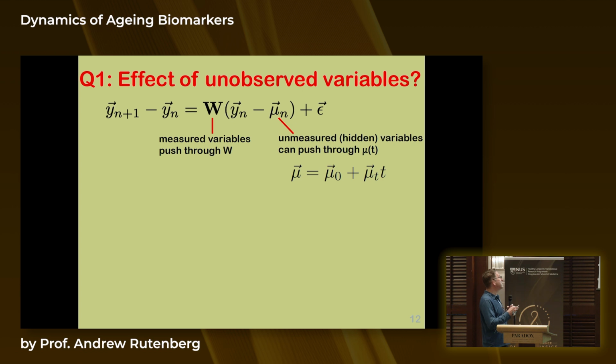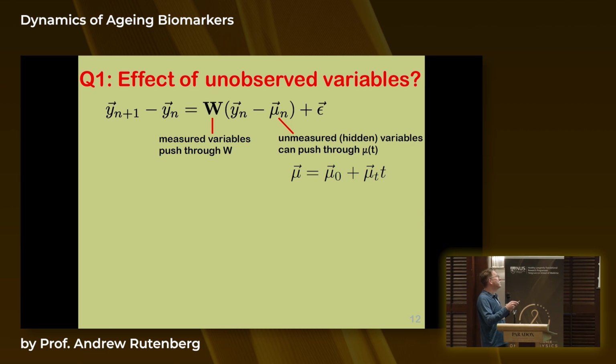And so you see within this simple model that if you take a particular thing, say your serum albumin, and see how it changes, say, blood pressure, all those things are pushing one variable to another through this W interaction matrix. But if you don't observe it, it can't be included in the equation, so it has to be included implicitly somewhere, and one place it can be included implicitly is through this fixed point.